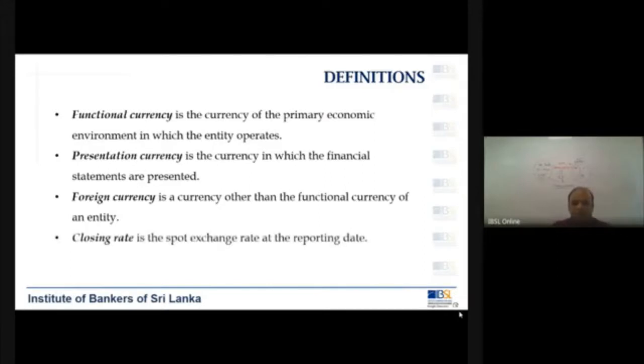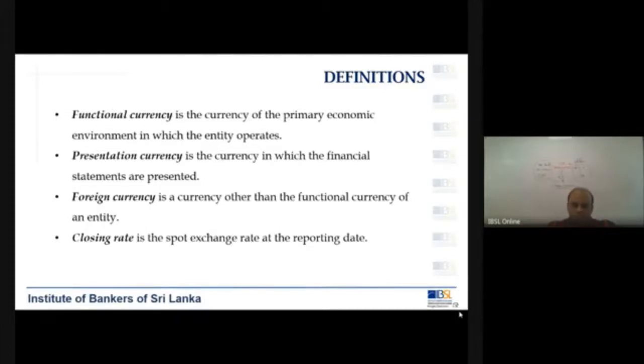Then finally, we need to know what a closing rate is. The closing rate is known as the spot exchange rate. Please note that term. Spot exchange rate is the currently applicable currency rate.